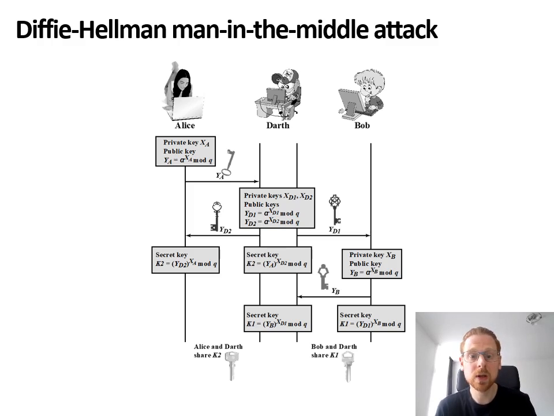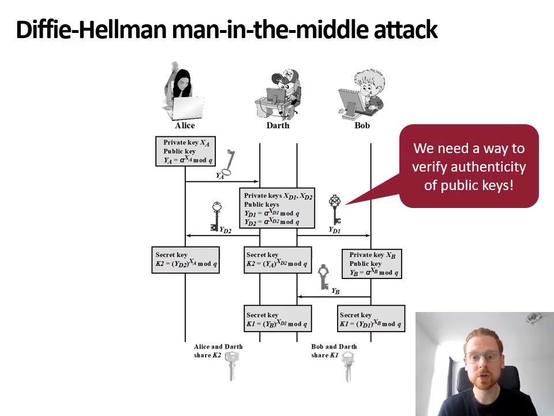As you can see, an attacker will still be able to intercept messages and replace the public key of A, namely ya, with its own public key to then get access to the session key. So to make this type of key exchange secure, we need a way first to securely exchange public keys and to verify the authenticity of public keys. So this is very important.